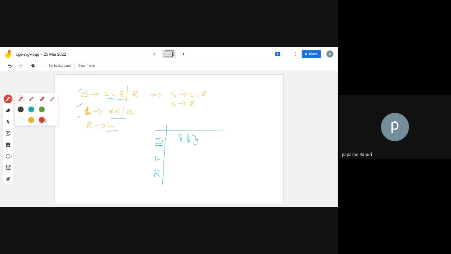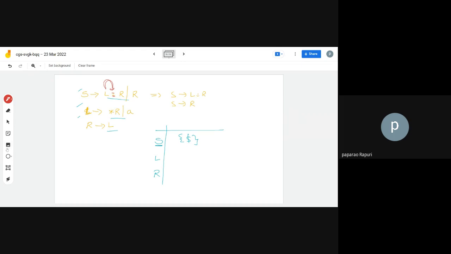follow of L. Equals to is a special symbol. Other than capital letters, everything is a terminal.